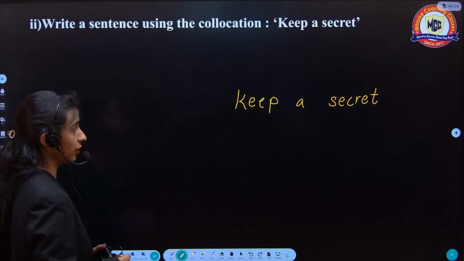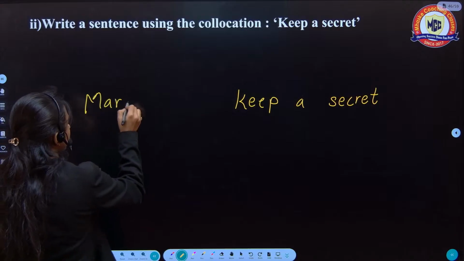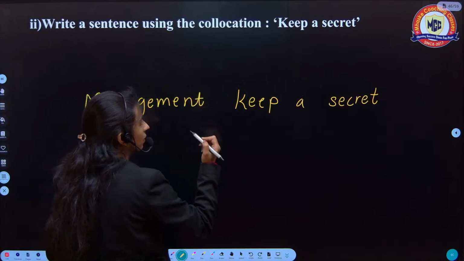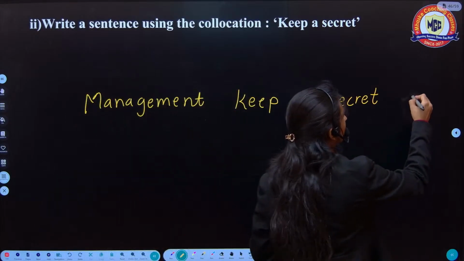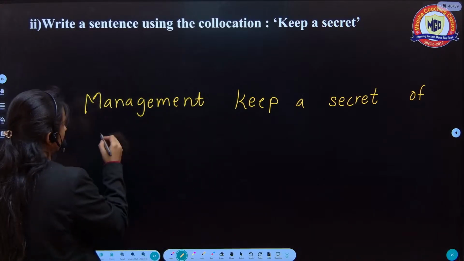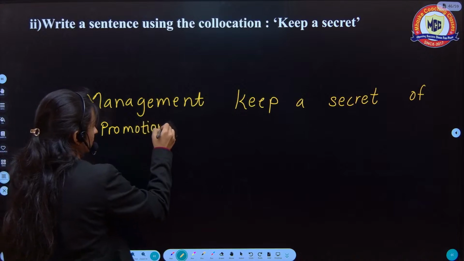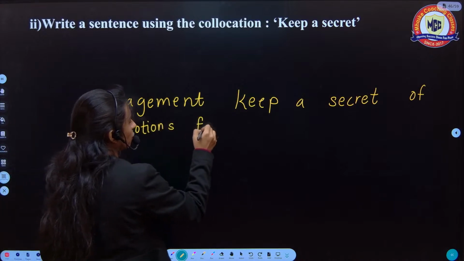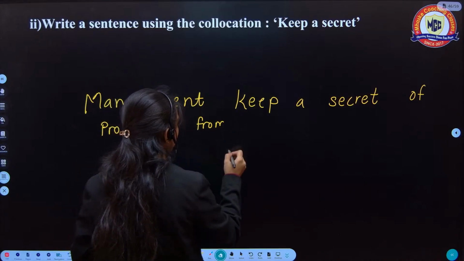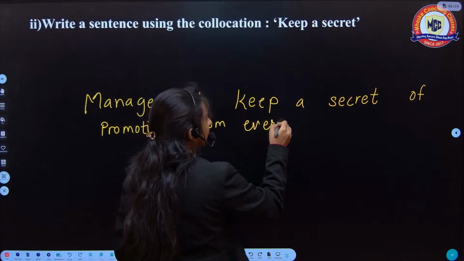So, a sentence for it. You can simply write: management keep a secret of promotions from everyone.